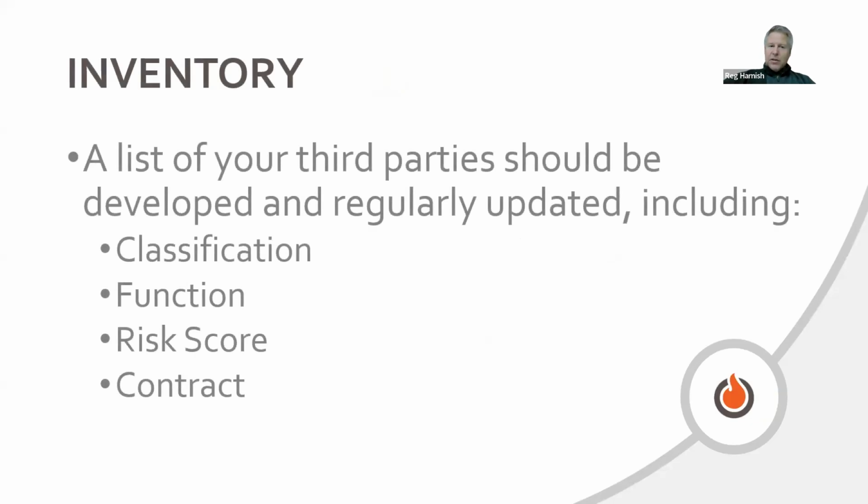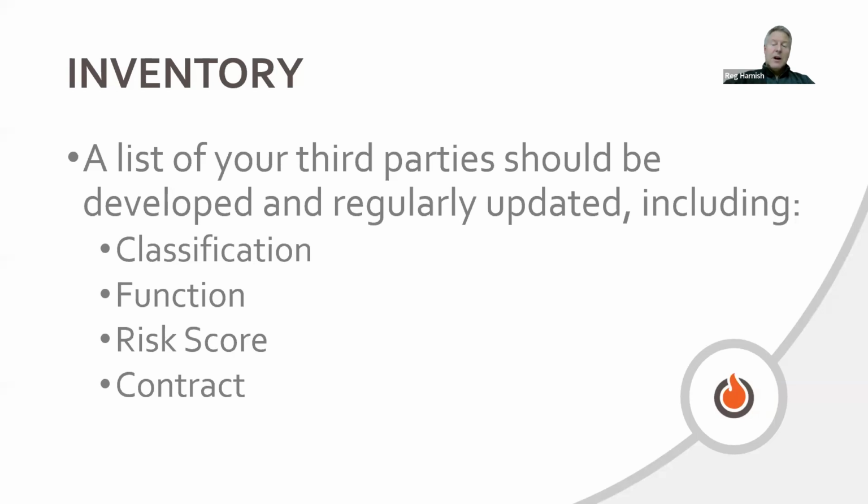One of the first steps we want to get through is this idea or the concept of an inventory. So a list, it can be a very simple spreadsheet. Again, we can help you with all of these elements. We have templates. We know what to look for. But a simple list of your third parties, and typically this would be what I'll call outbound third parties, meaning the third parties where you are interested in assessing and managing their risk because it has impact on your operations or your aggregate risk.